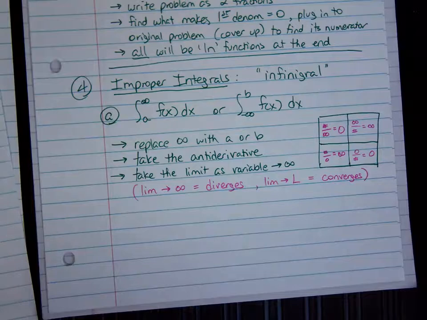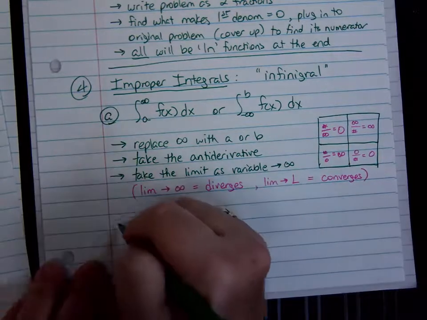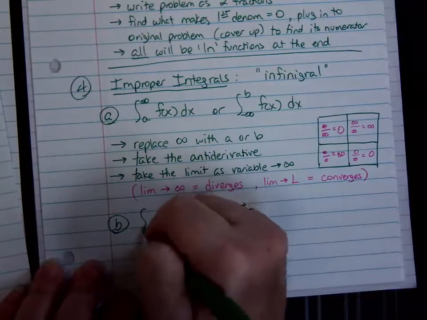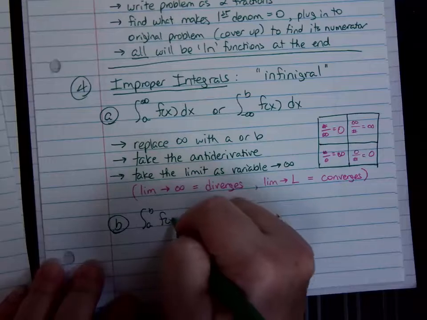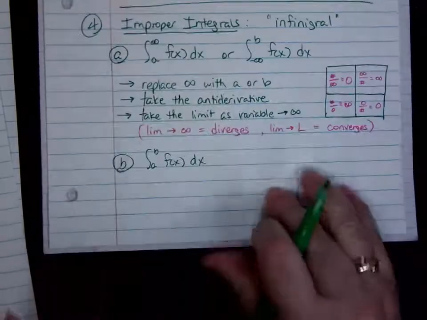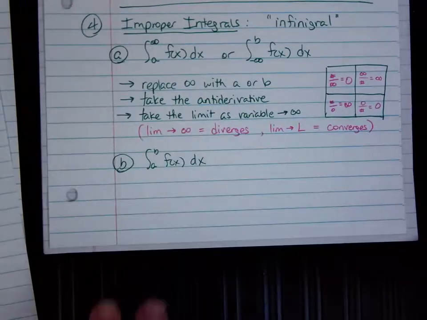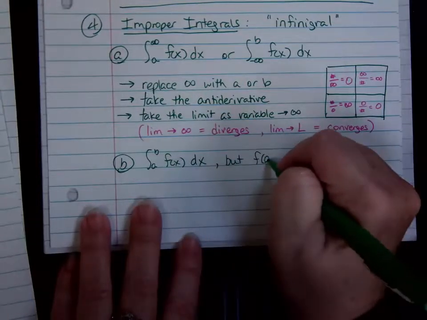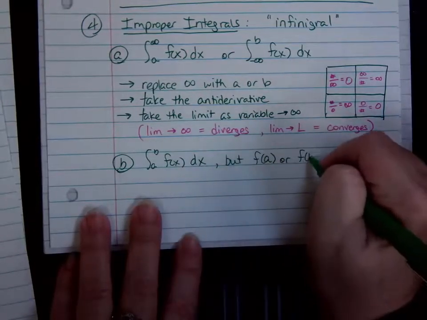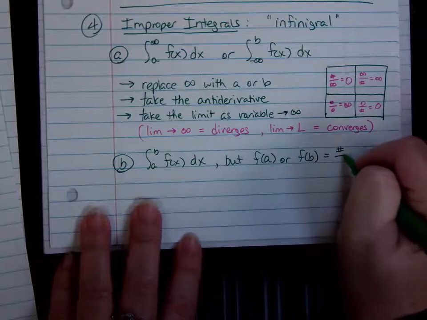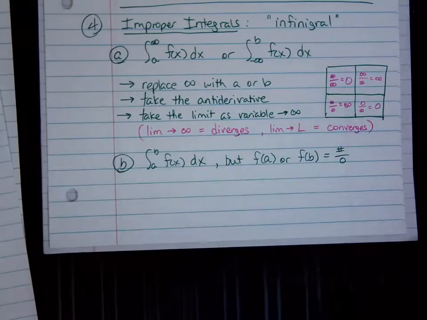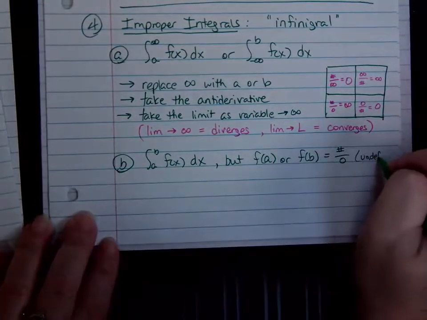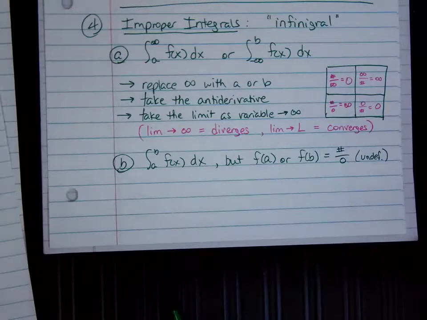So the last kind that you might see of these is when you have the integral from a to b of f of x dx, where you don't see an infinity, but f of a or f of b comes out to be a number over 0. It's undefined. So if you plug in one or the other limit of integration, you get an undefined.